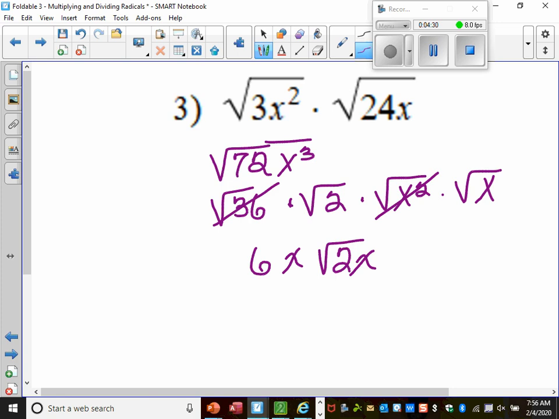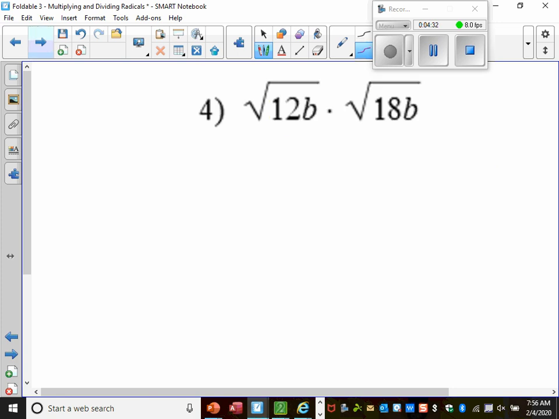All right. Number 4. So same, now here, instead of me multiplying 12 and 18, I'm going to do this one a little differently because you're going to get a bigger radicand. So let's break down each radicand individually. So I'm going to take this 12b and I'm going to make this 3 times 4. Now, can you?